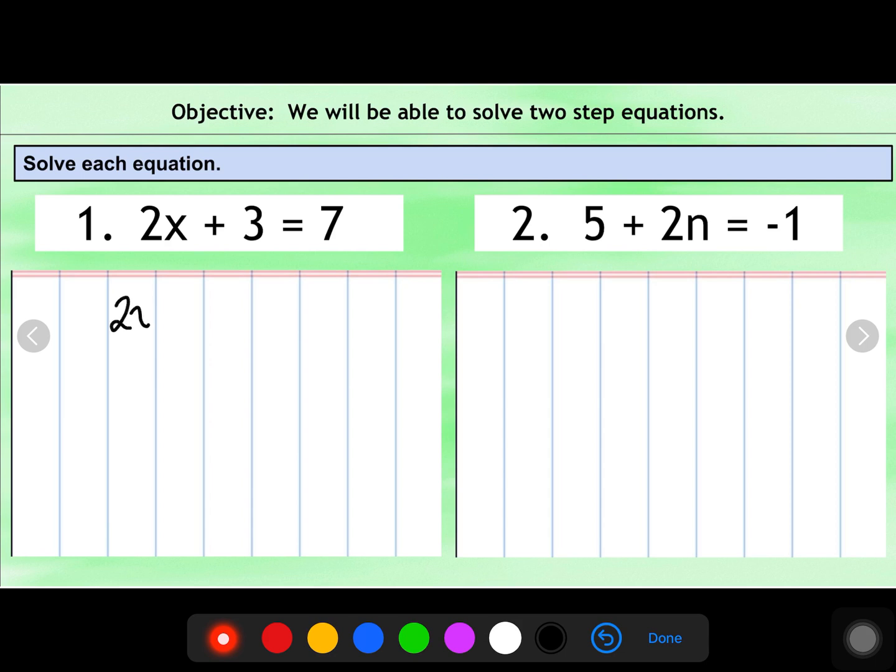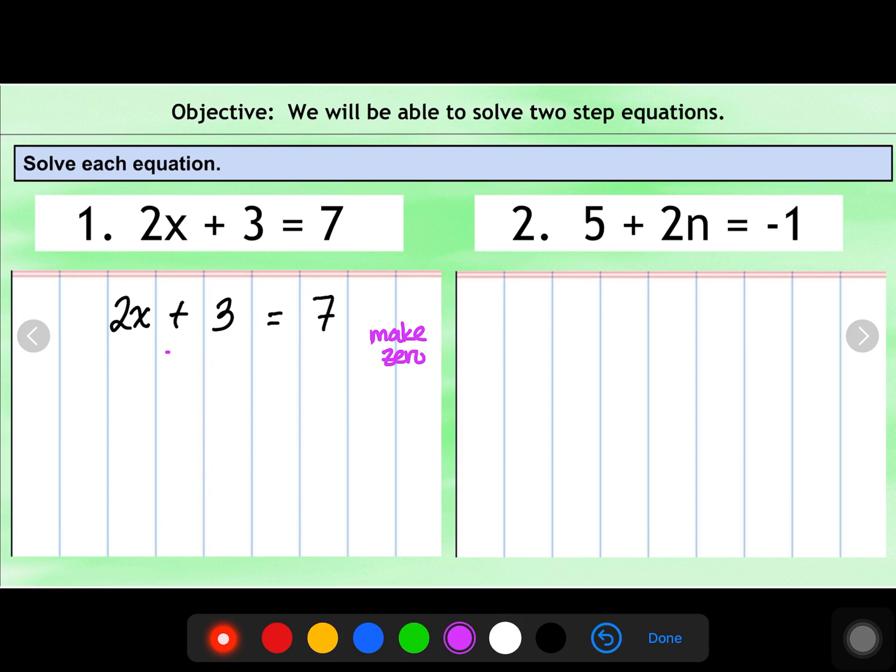Okay, so I'm going to rewrite the problem. I'm going to put each term: 2x plus 3 equals 7, like that. And our first step was to undo the adding or subtracting, or we want to make 0. That means this plus 3.